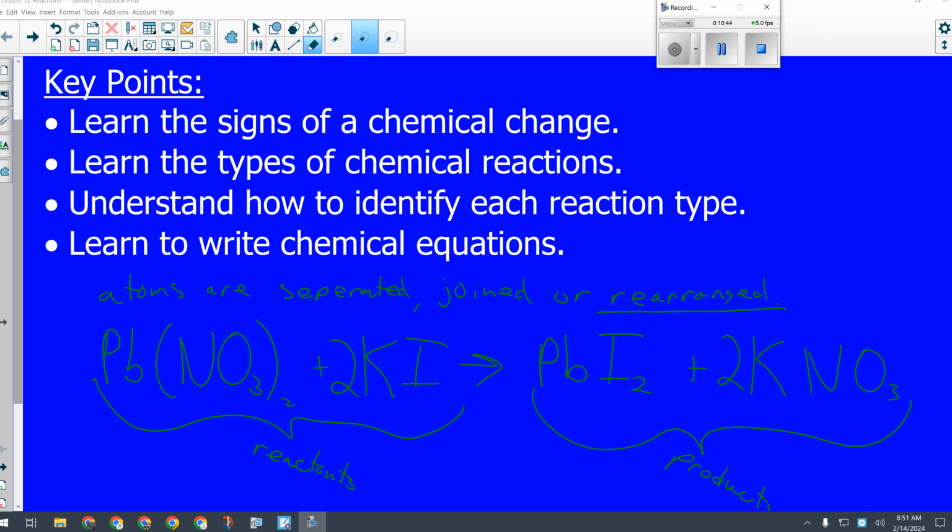Okay, these are the signs of a chemical reaction because when a reaction happens, we make something new. Not new elements, but new compounds, and they have different physical properties. Those same physical properties that we're going to use tomorrow to identify unknown compounds.